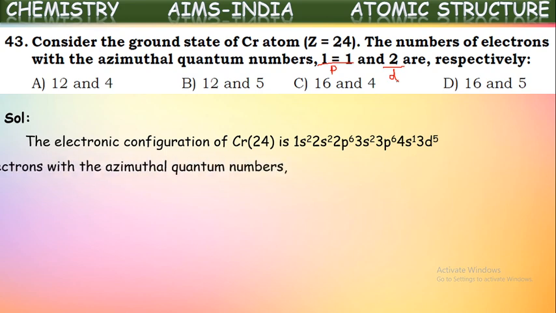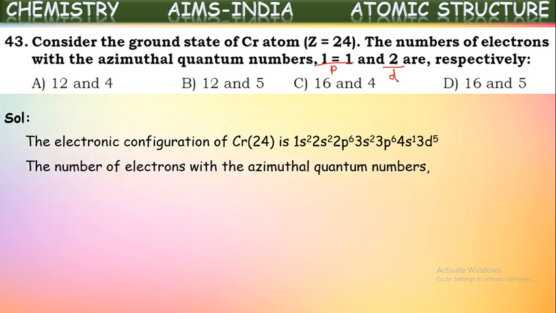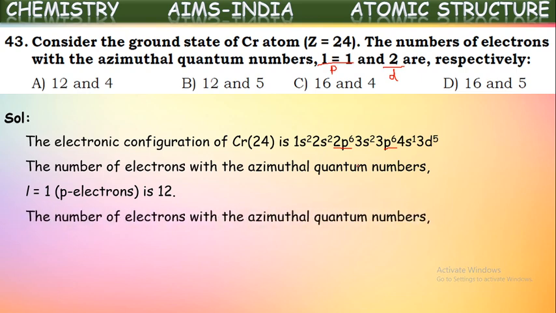First, with l equal to 1, that means electrons in the p subshell. Totally how many electrons are there? Here 6, and 6. Totally 12 electrons. Now let us calculate the number of electrons in the d subshell, that is l equal to 2.